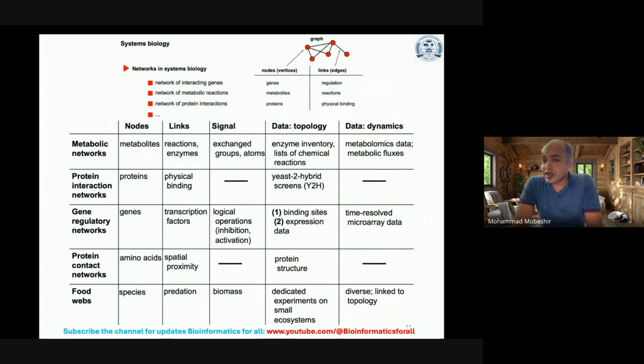In terms of dynamics data: metabolomics data, metabolic fluxes, time resolved microarray data for gene regulatory networks, or these days NGS also. Diverse and linked to topologies in food webs.